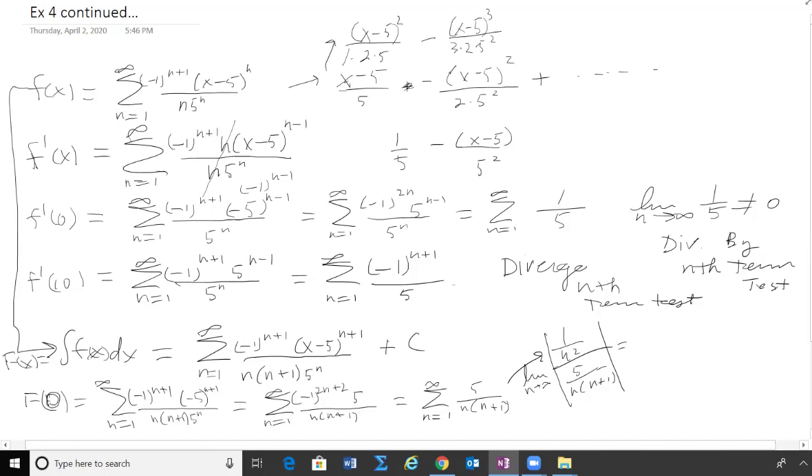So this would be n, whoops. Let's see, n plus 1, and we'd have a 5 n squared underneath. I want to find this limit. And that limit would be 1 over 5, which is less than 1.